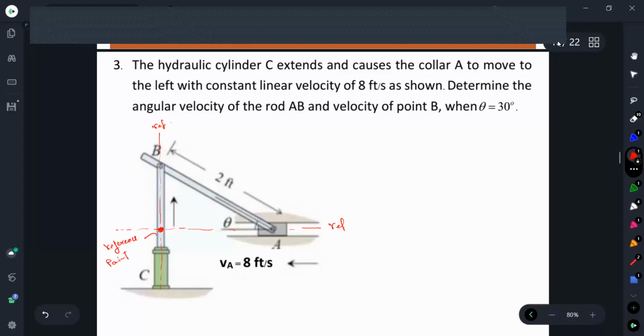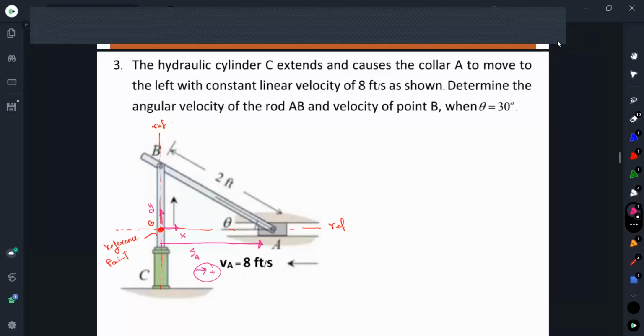We set it up here as the reference point, and define it to be point O. According to this, we set up the axes, X and Y. Then we measure point A according to the reference point, to the right. We define it to be SA, and to the right is positive according to the positive sign convention that we set up.